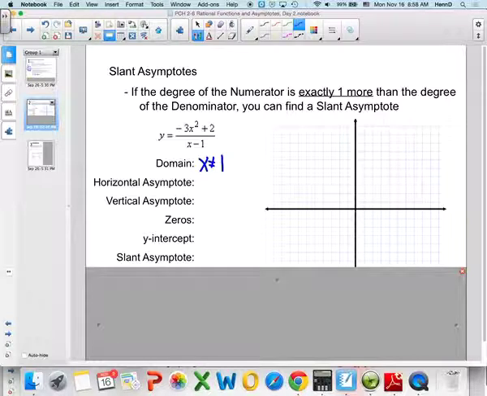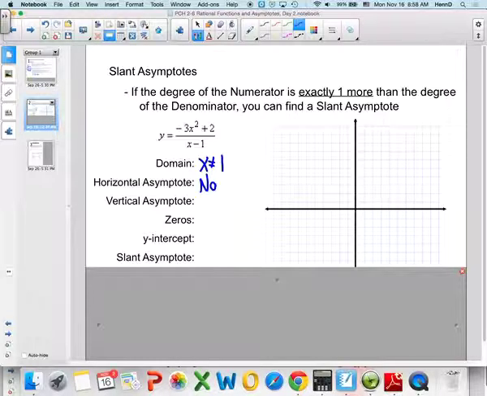We just said for the horizontal asymptote, we have bigger on top, so there is no horizontal asymptote. Vertical asymptote: x equals 1.